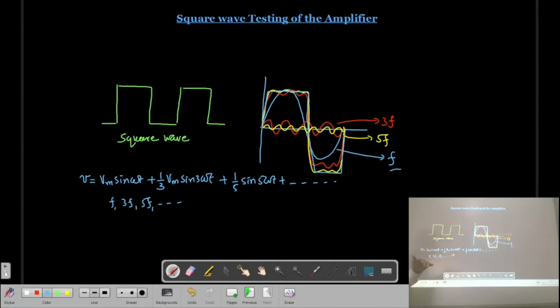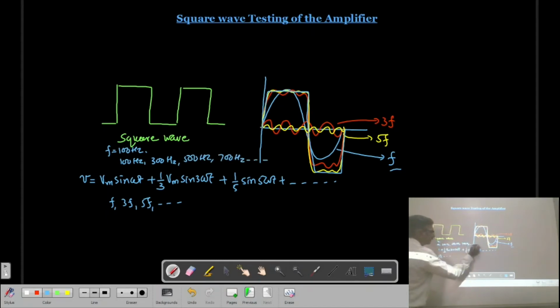So what does it mean? Suppose I am applying a square wave of frequency 100 Hz. It means this square wave consists of 100 Hz, 300 Hz, 500 Hz, 700 Hz, like this.